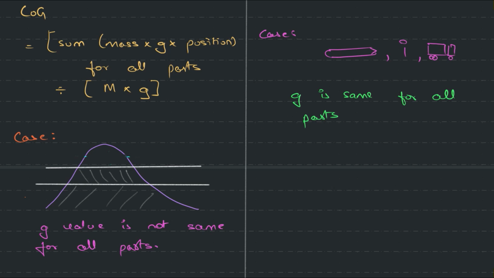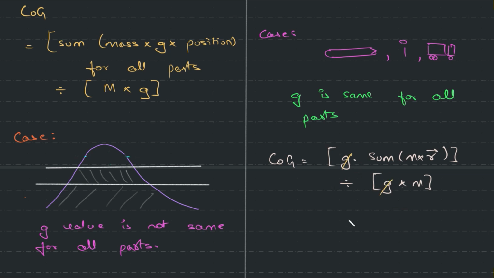Why am I talking about this? When g is the same, your center of gravity can be written with g taken out: the sum of mass times position, divided by g times M. Can you see that g is there in the numerator and denominator and it's the same?